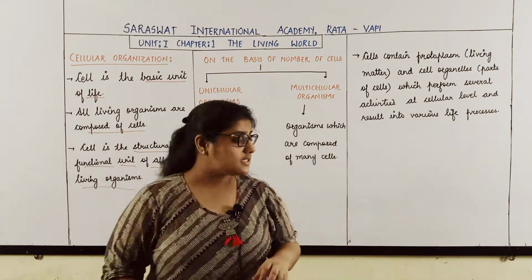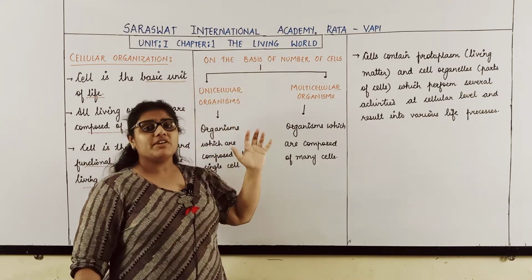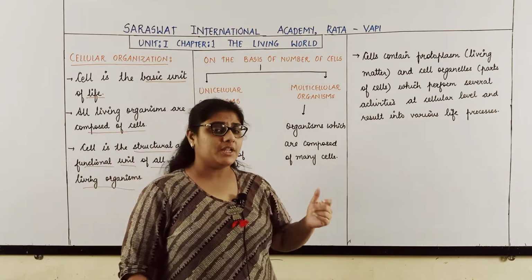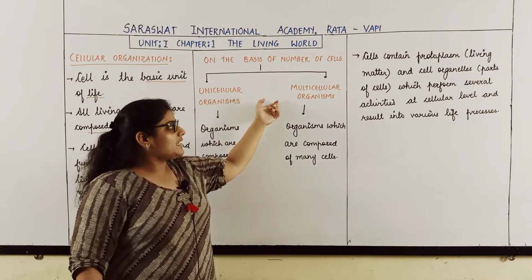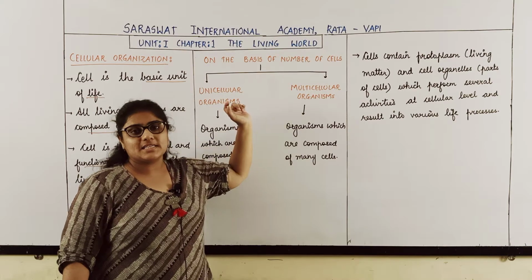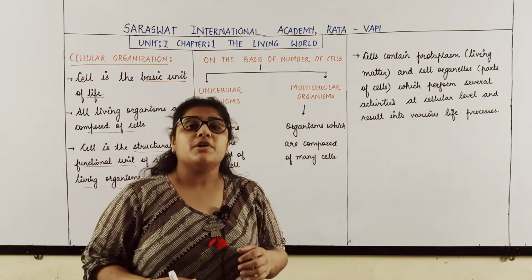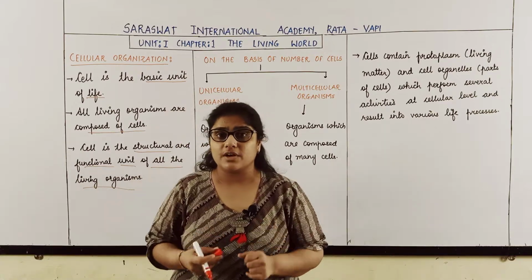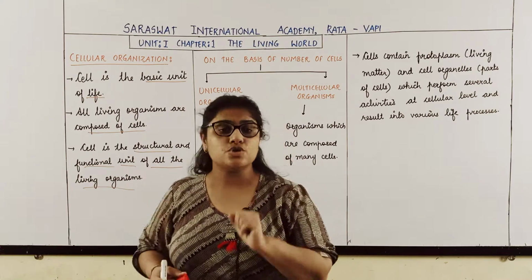Now students, on the basis of the number of cells, living organisms can be grouped into 2 categories: unicellular organisms and multicellular organisms.